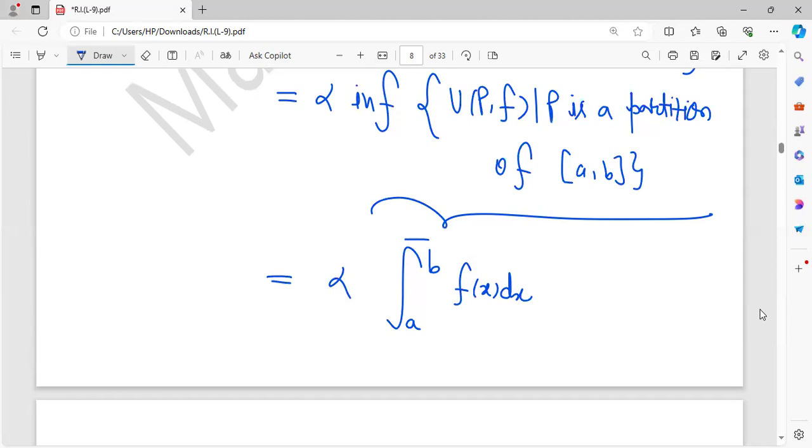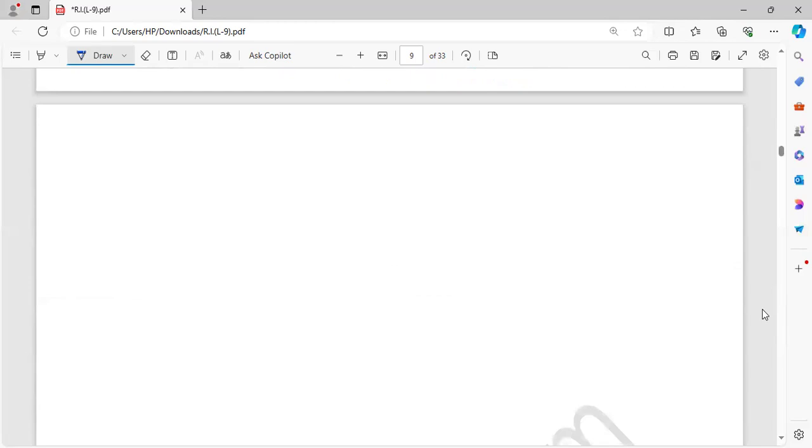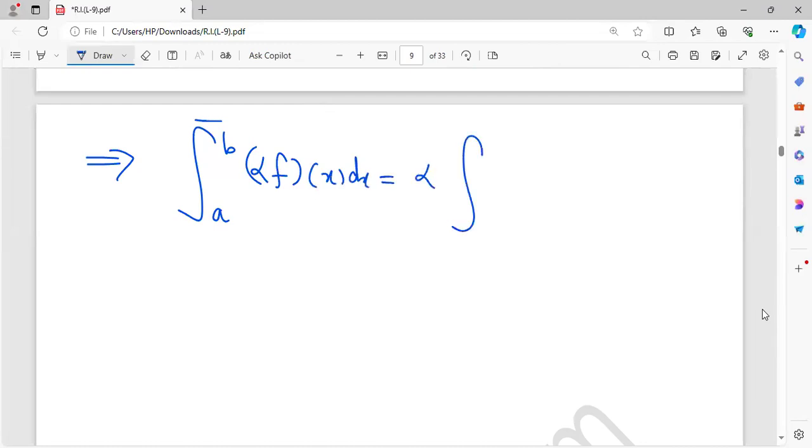But f is Riemann integrable, so this implies the integral from a to b of alpha f(x) dx is equal to alpha times the integral from a to b of f(x) dx.